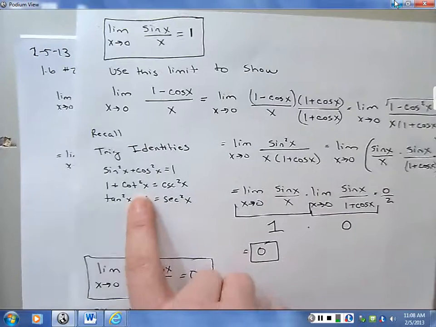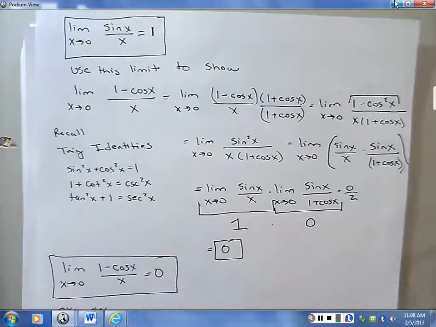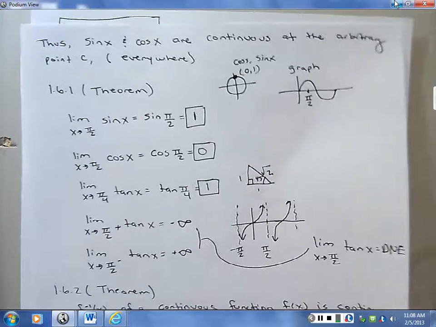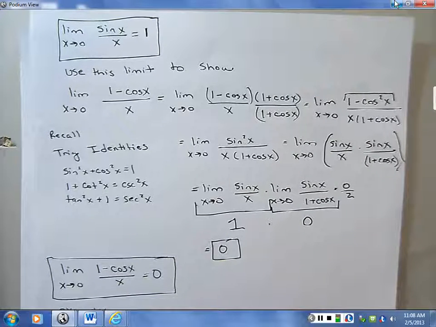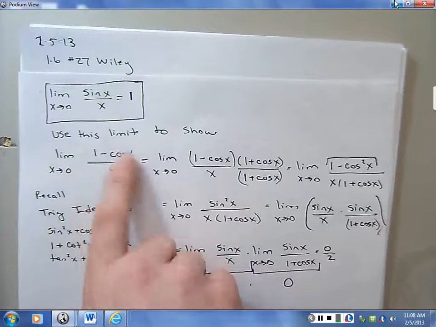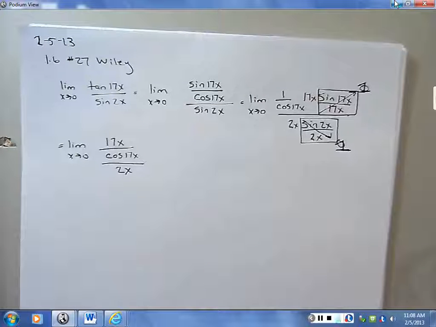Did we do this in your guys' class? Is this not your guys' notes? It might have been the other section's notes. Did we do this? Okay, I probably just switched one of the pages. So did we use this limit to show this? No? Okay. So after I do this example, I'll finish with that. So I apologize for that. I must have grabbed that from the other section.